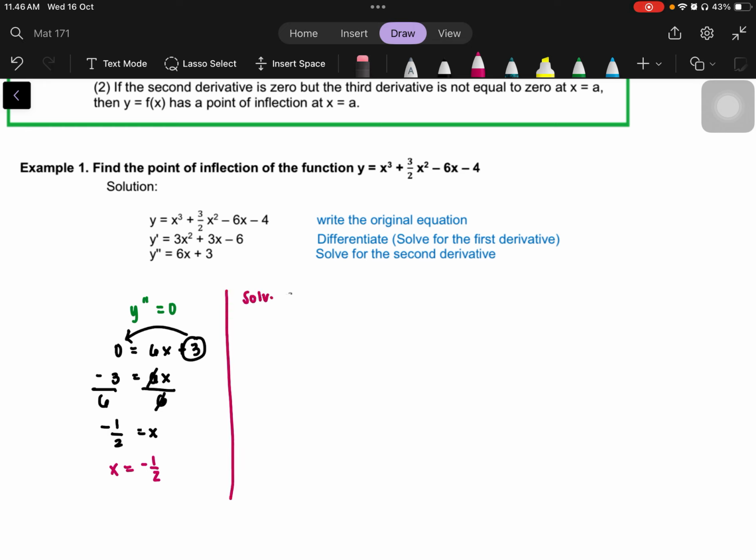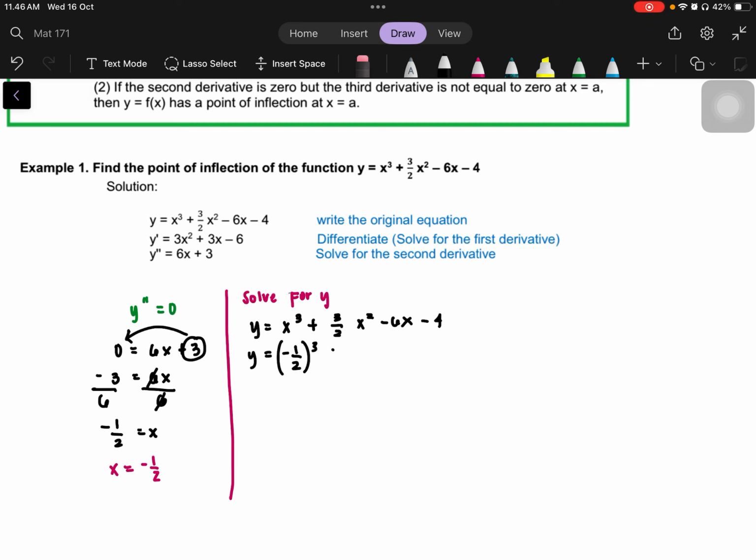Okay. Then, let us solve for y. So, solving for y, use the original equation. Okay, so solve for y, we have y is equal to x cubed plus 3 halves x squared minus 6x minus 4.